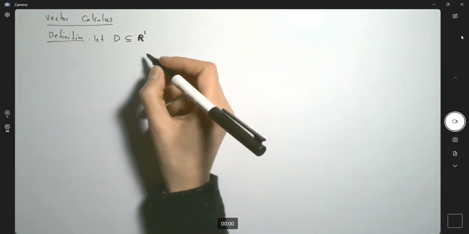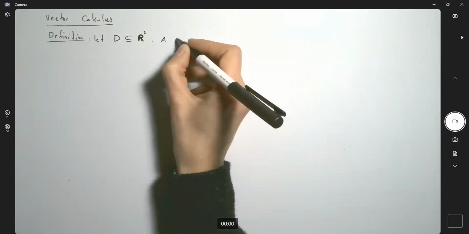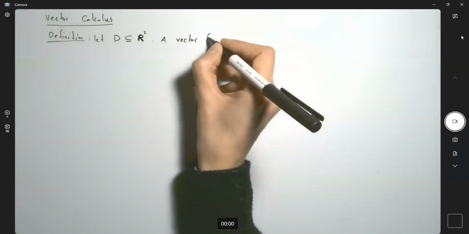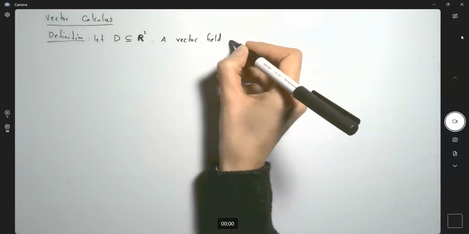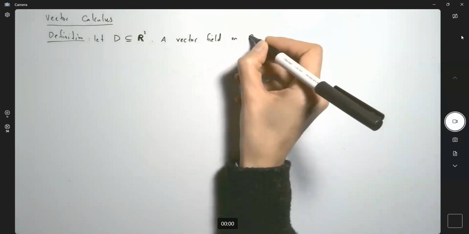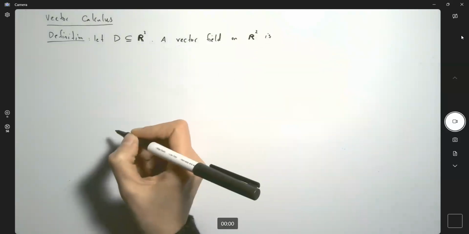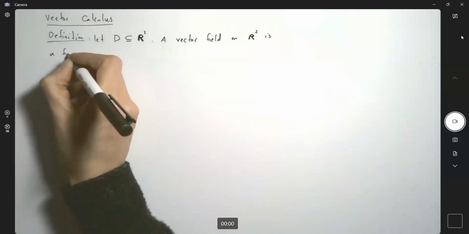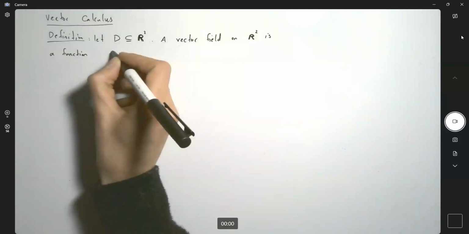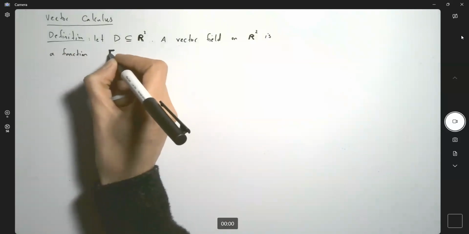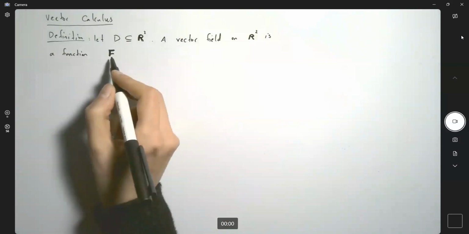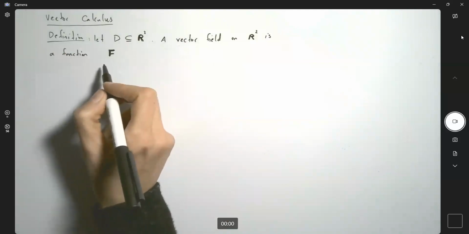A vector field on the plane is actually a function. We're going to use a bolded letter F to represent vector functions.